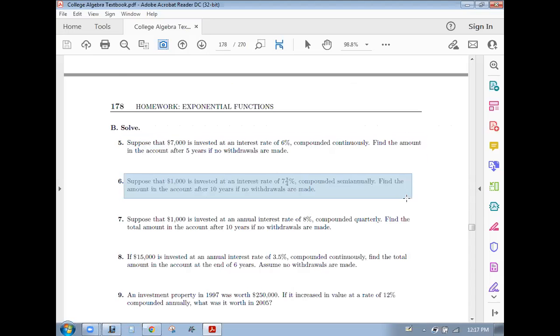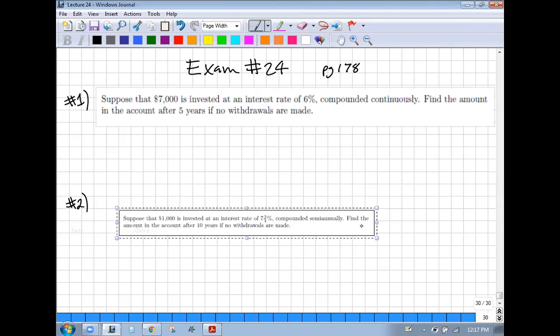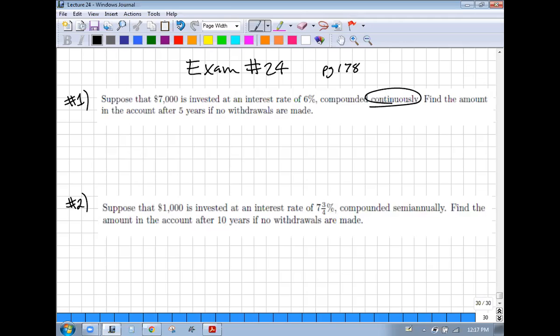Here's your number 2. Remember, continuously, you have to use this one, right? And semi-annually, that means twice a year. So you have to use this one. Okay, those are your hints.